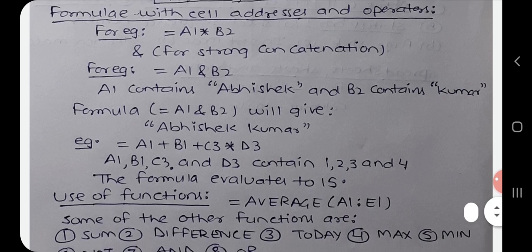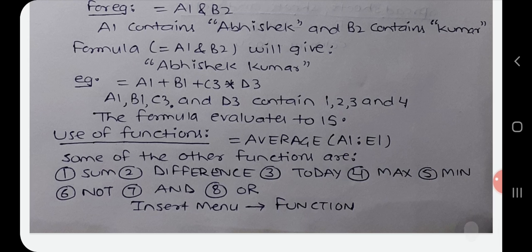Use of functions. Functions are predefined formulas in Calc. For example, you may want the average of a range of cells. For that, equal to AVERAGE of A1 colon E1.